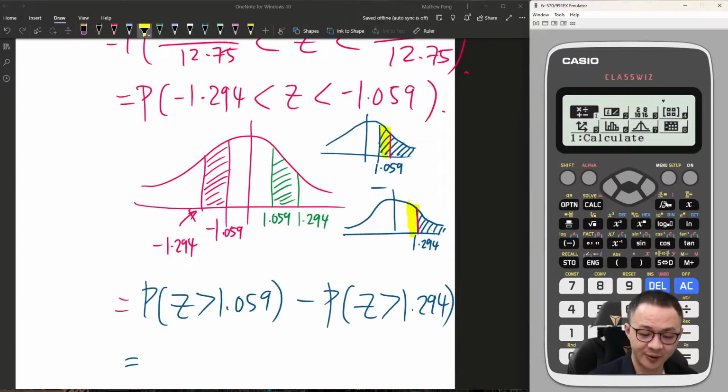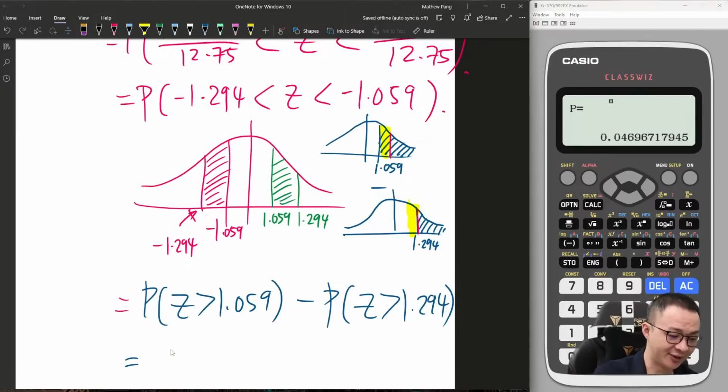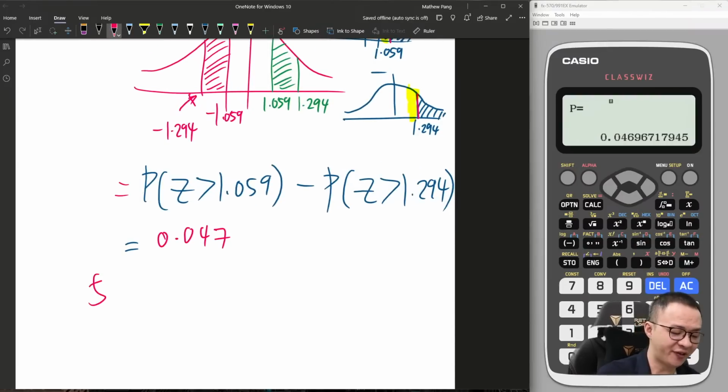But since we have a calculator, we're not going to do it like that. We just use the calculator, okay? We just say this is negative 1.294, this is negative 1.059. So yeah, we get the answer, 0.047. Just now we have 500 people, right?